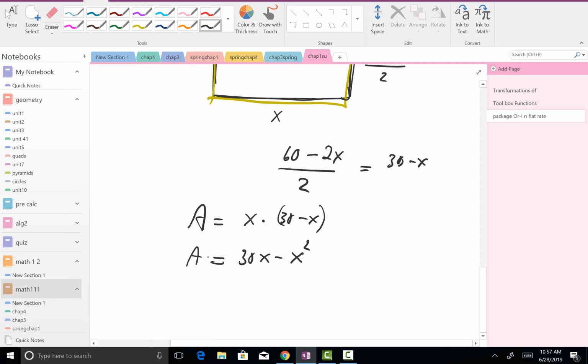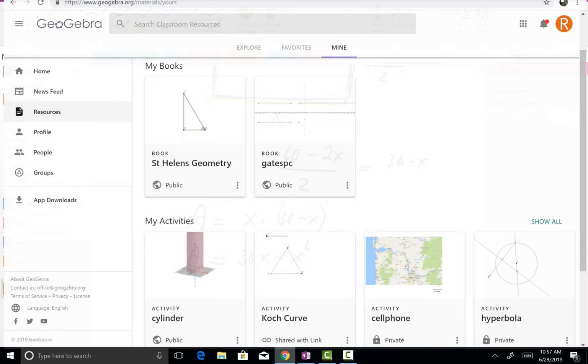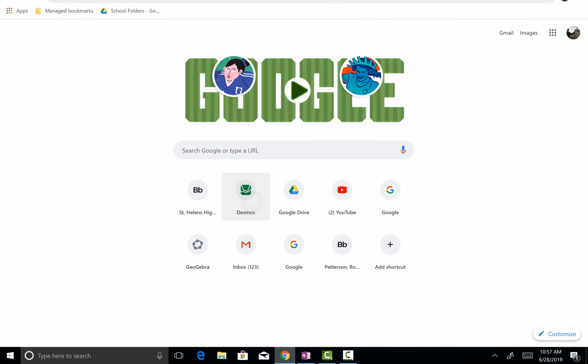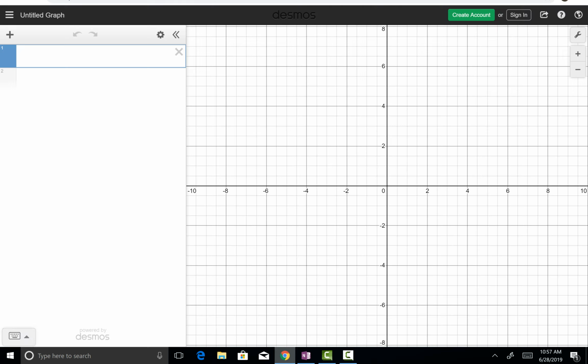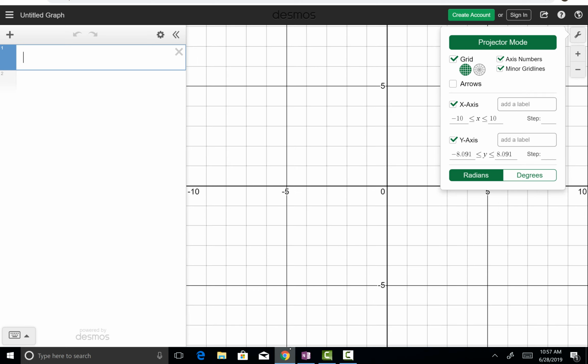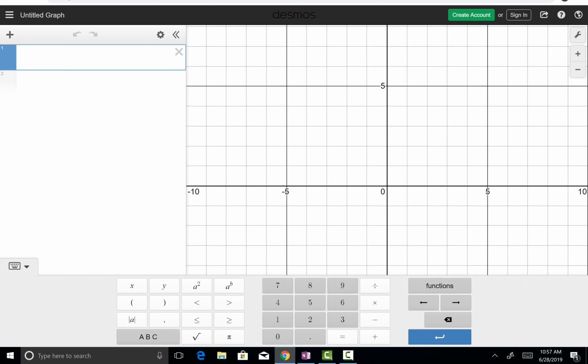So we're going to graph that and see what it looks like. All right, so let's go into Desmos, and we'll go ahead and graph this. So let's see, again, I'm just going to put the y equals in there.